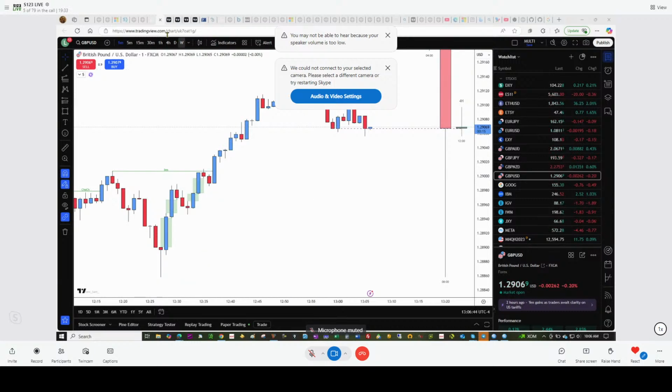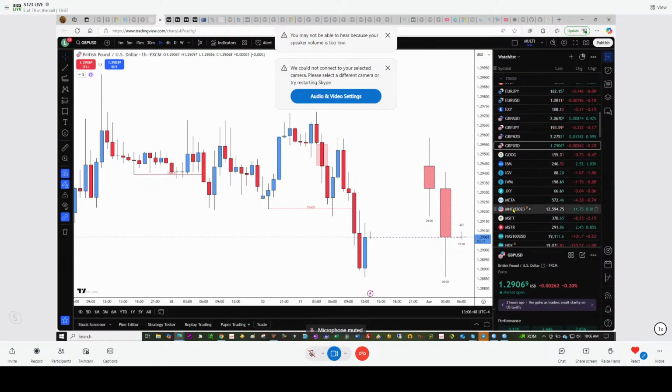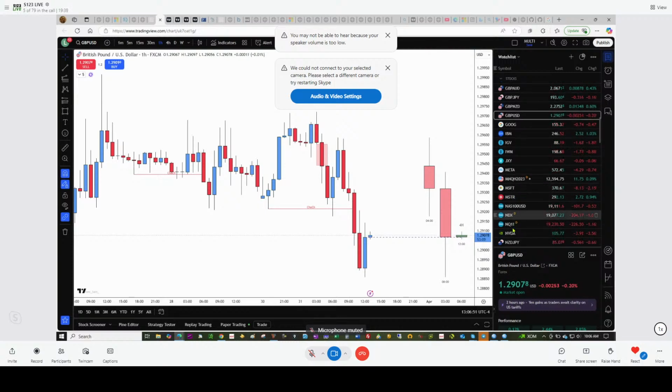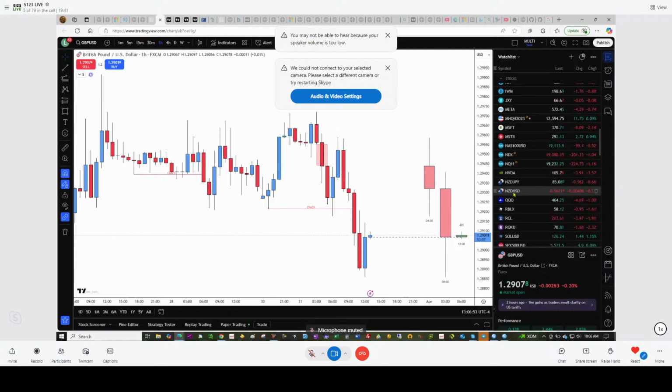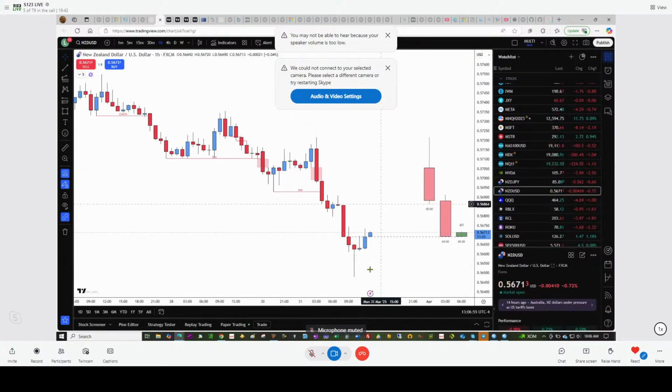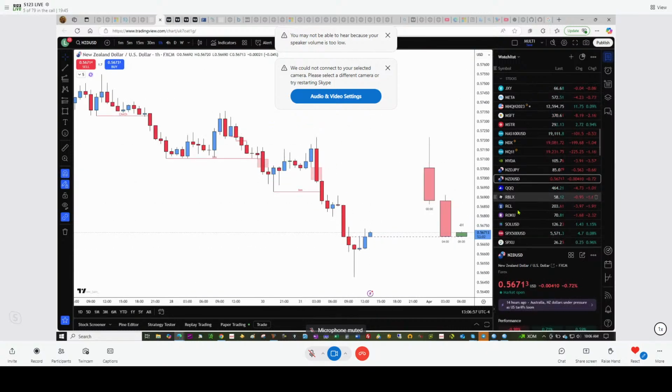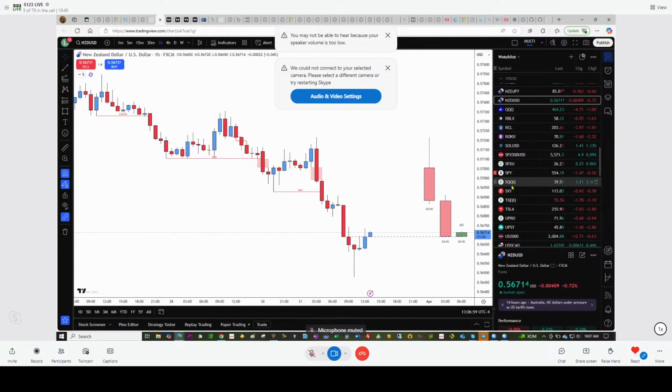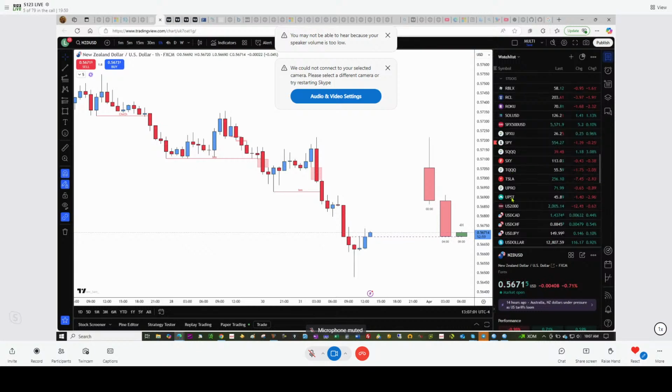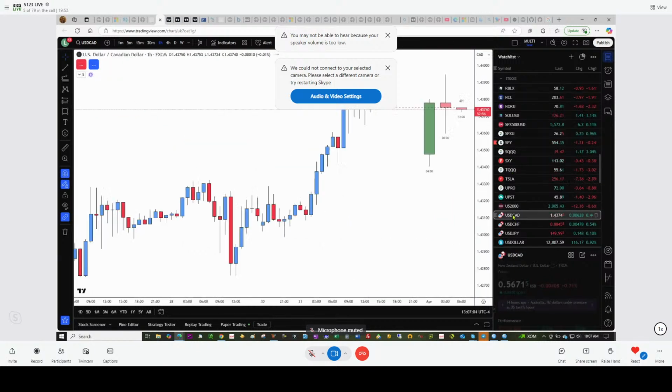Okay, so let me continue on. We'll take a look at New Zealand US dollar. New Zealand US dollar is here. That should be also strong. It is. And next we'll look at USD CAD, which should be weak. And it is slightly weak.